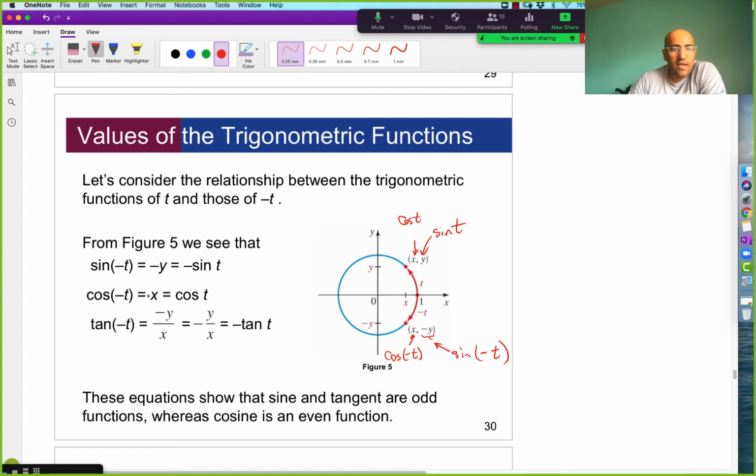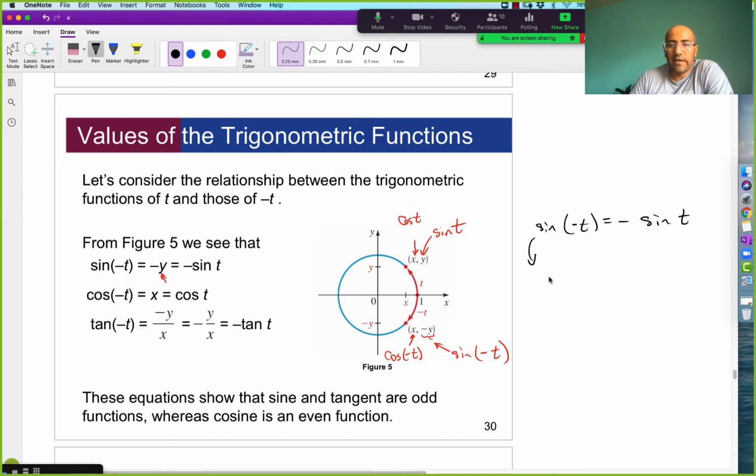So sine of negative t equals negative y, and y by itself was equal to sine of positive t. We can combine these and say that sine of negative t is equivalent to negative sine of t.